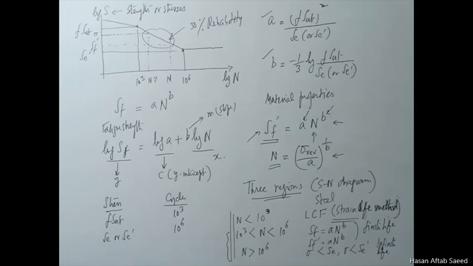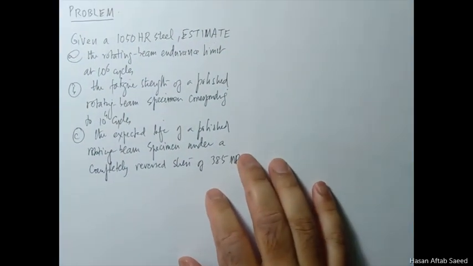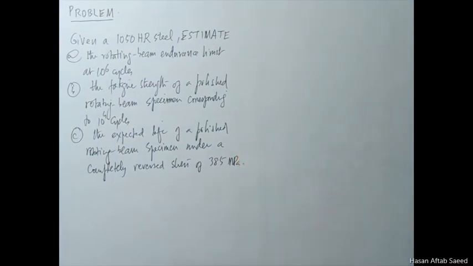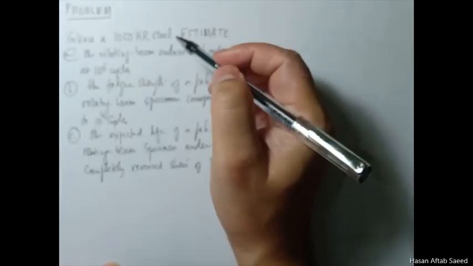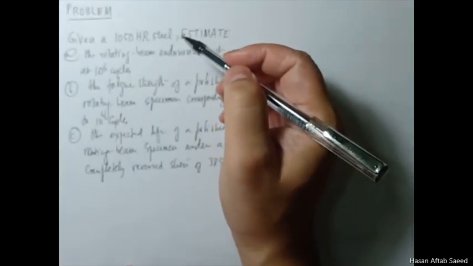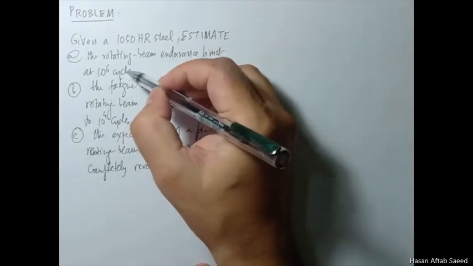And let us do a numerical problem here to reinforce what we have learned today. So the problem states that we need to estimate, for 1050 HR, where HR stands for hot rolled, the rotating beam endurance limit at 10 raised to 6 cycles.